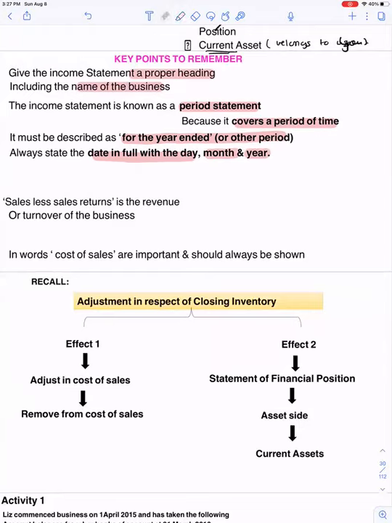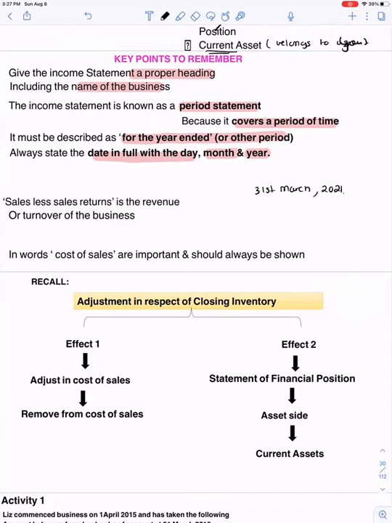Okay? That means if I'm preparing the income statement for the year ended 31st March 2021, I will write 31st date, March month, 2021 year.